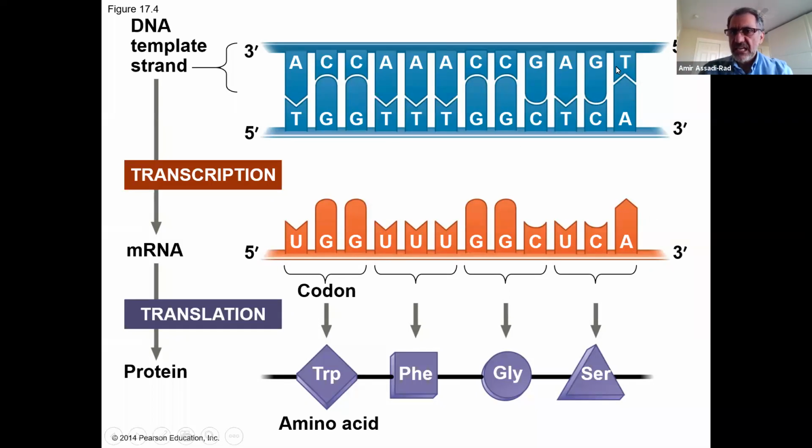You think it's a T right here, and you put down U here. Then you get a different amino acid at the end.